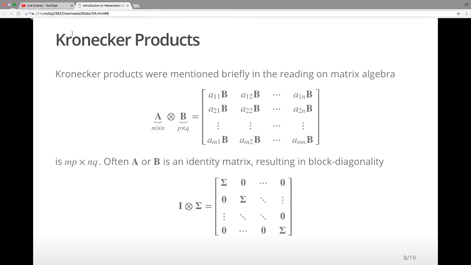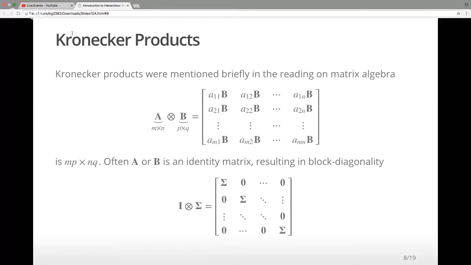In order to understand this stuff well, we have to introduce another concept from matrix algebra known as the Kronecker product. Those were mentioned briefly in the matrix algebra reading. They're distinct from the scalar product of scalar algebra and the matrix product in linear algebra, but they have a combination of both.